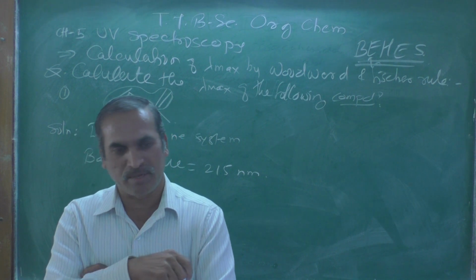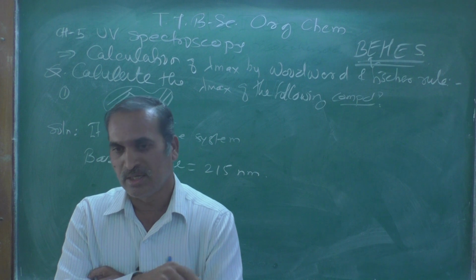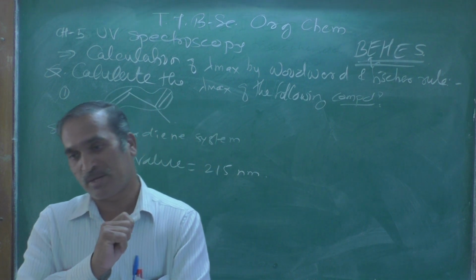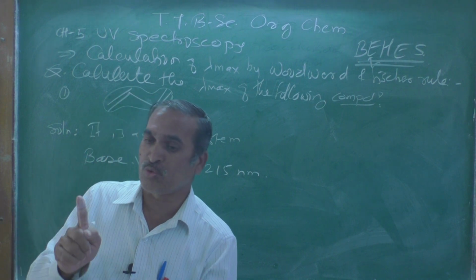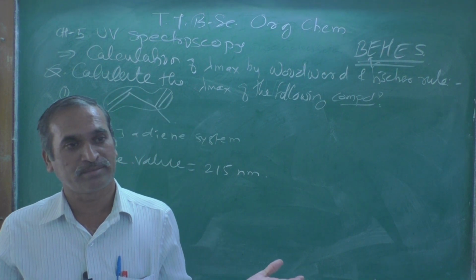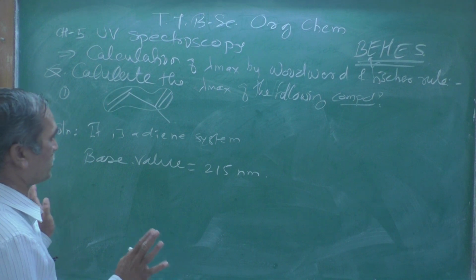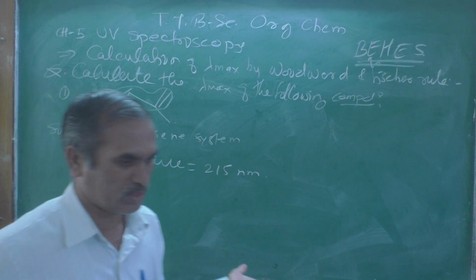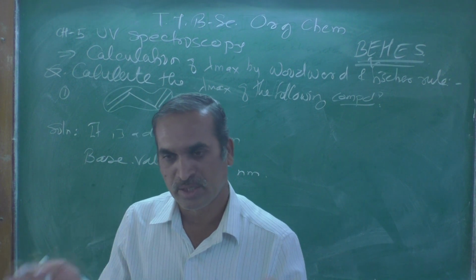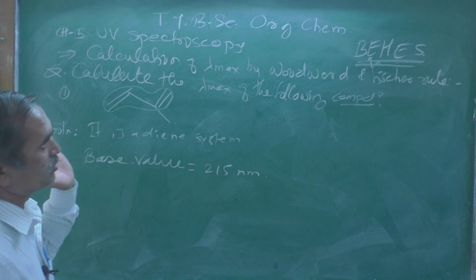If there is, that will be the exocyclic double bond, but here there is no double bond, so no question of exocyclic. You can write exocyclic 0 or don't write it, it doesn't matter.